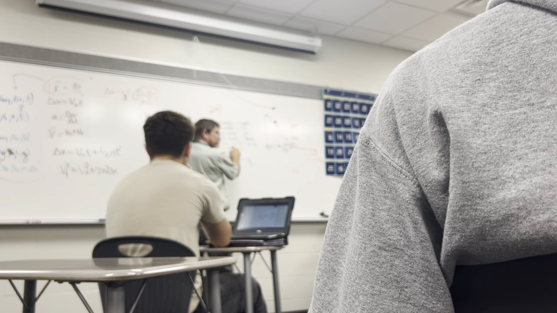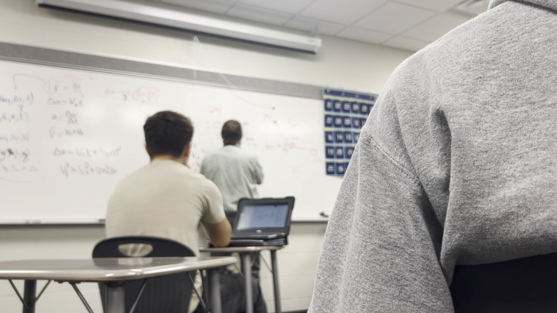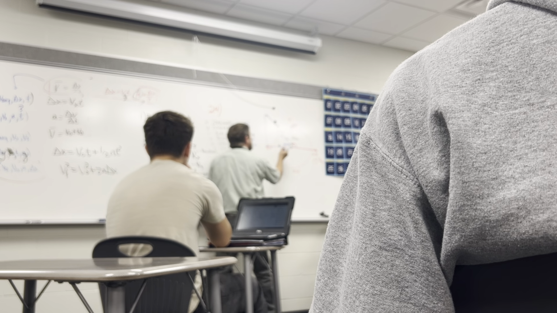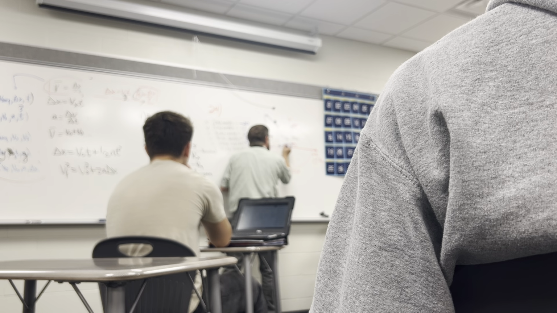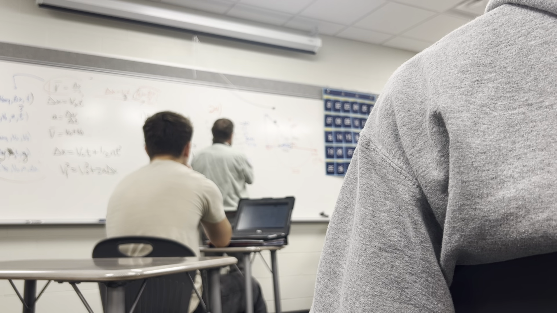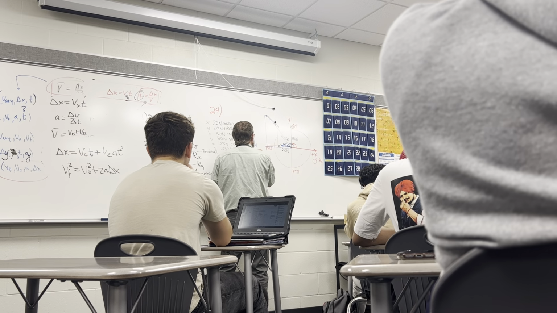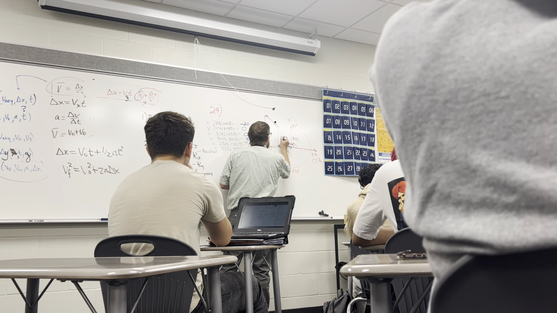Now for the cosine part, that's the x part. When you type this in 25 cos 135, you're going to get negative 17.7 because it's going this way. And when you put in 25 sine 135, you're going to get positive 17.7 newtons because it's going up.